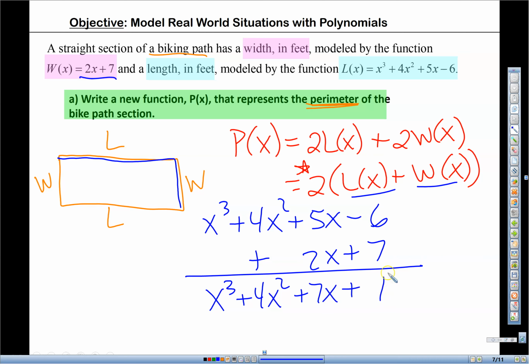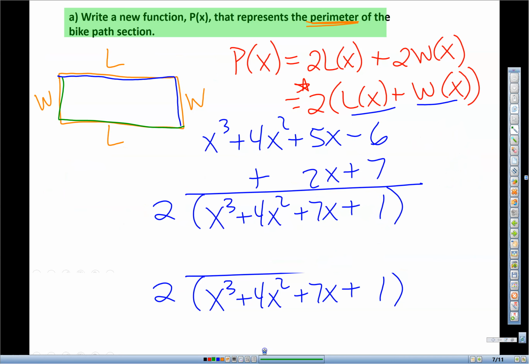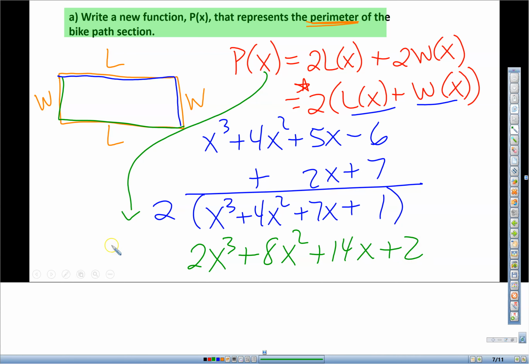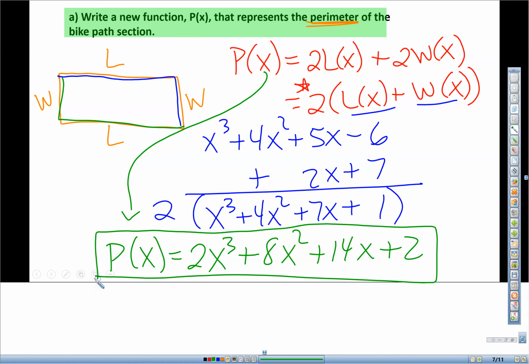Now I'm going to multiply that times 2, and that will take me the rest of the way to finish my perimeter. So I get 2x cubed plus 8x squared plus 14x plus 2. And don't forget, it's a function. So make sure it starts with the name of the function, P of x equals, to finish that problem. All right, let's move on.